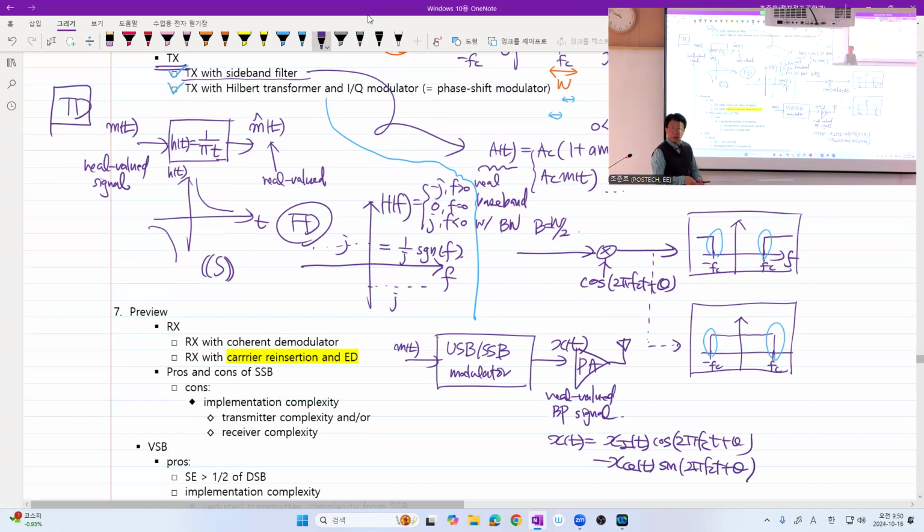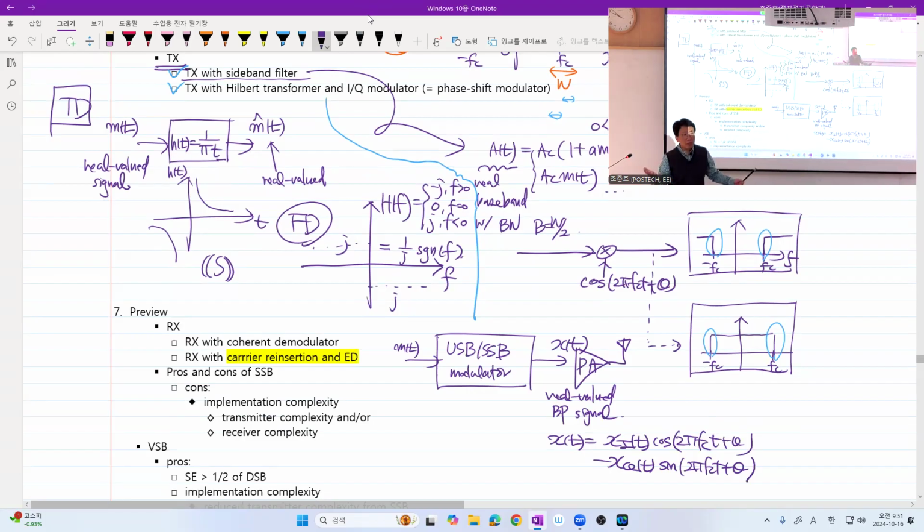Right? Now, let me ask you, is this 0 for SSB? Or there should be something here. If this is 0, what does that mean? As we reviewed, the signal is a kind of double sideband signal, right?